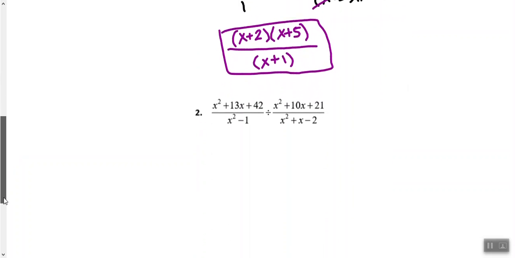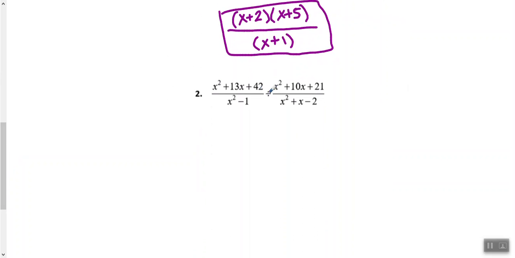We're going to go through another example. Remember, whenever you see division, keep, change, flip. So keep the first one, x squared plus 13x plus 42 over x squared minus 1. Change to multiplication, flip the second.